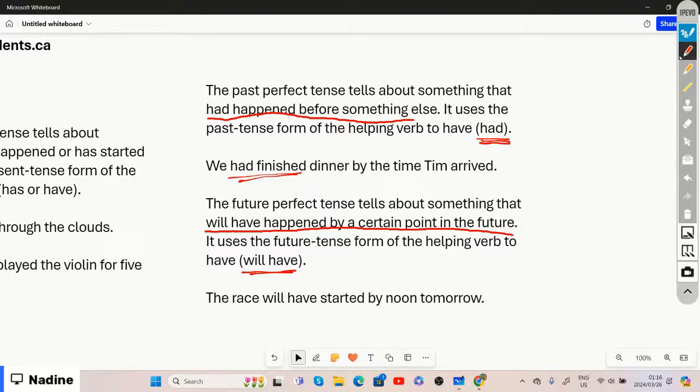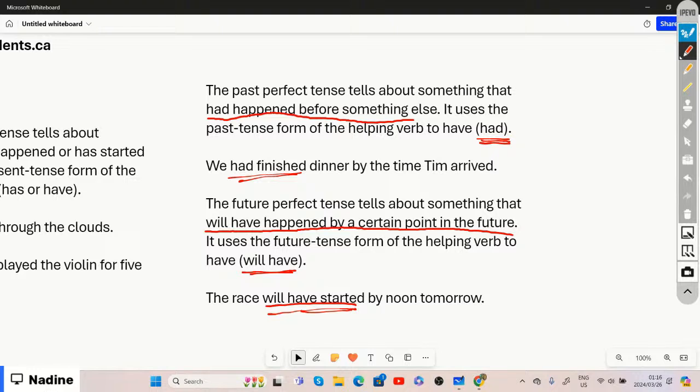If we look at an example of the future perfect tense, we can say the race will have started by noon tomorrow. Will have is our helping verb and our main verb is started.